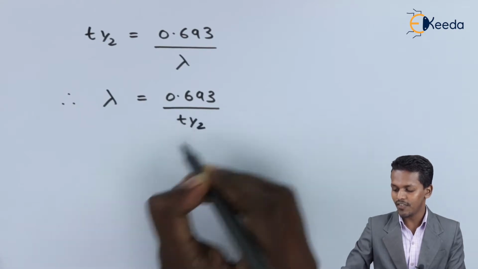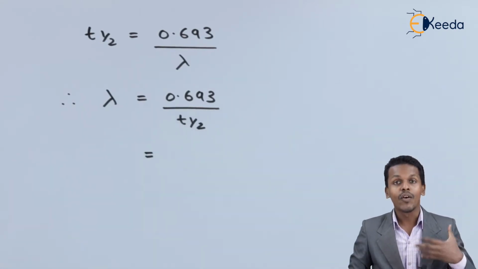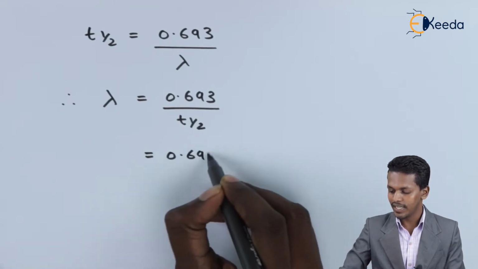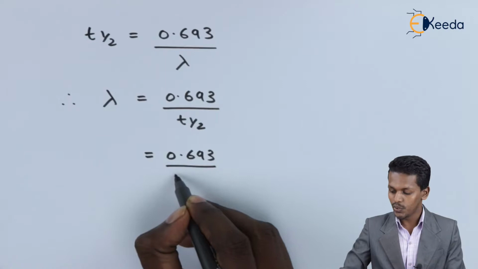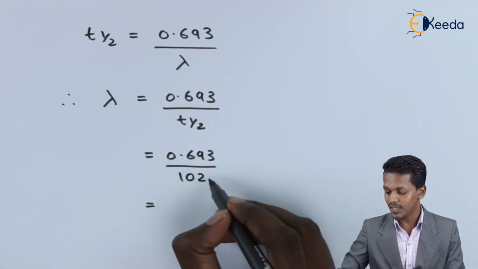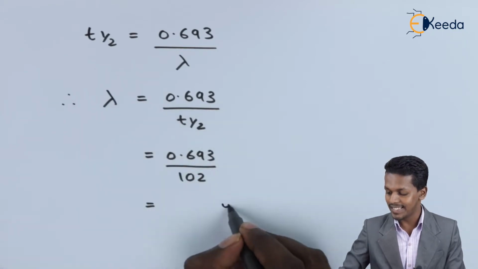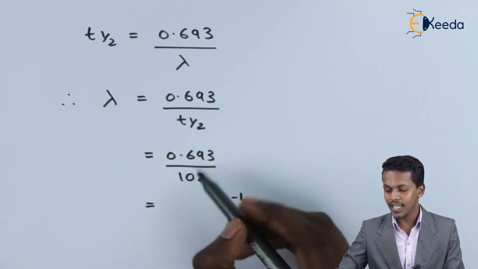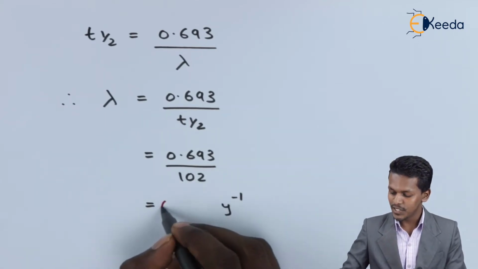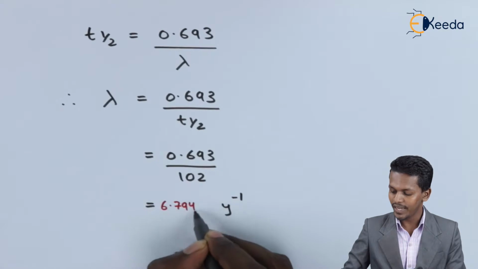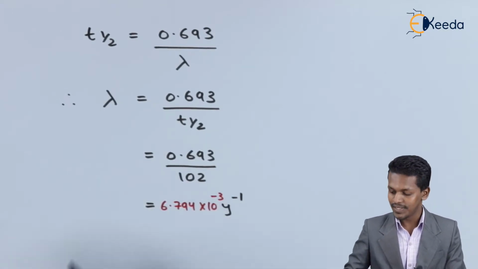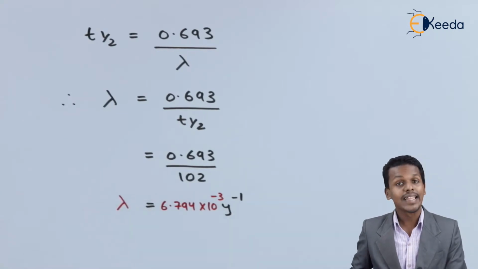The T half for polonium is 102 years, so lambda is 0.693 divided by 102 years, and the unit of the decay constant is year inverse. After calculation we get 6.794 into 10 raised to minus 3 year inverse for the decay constant.